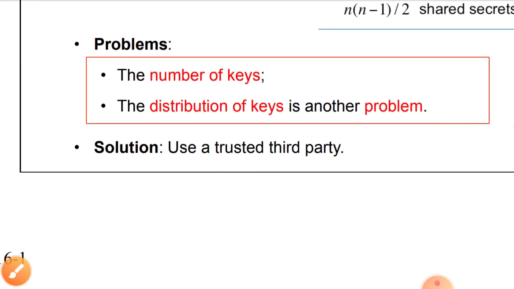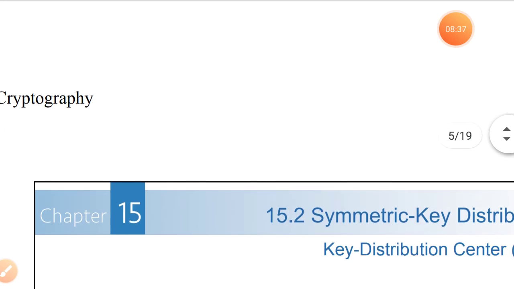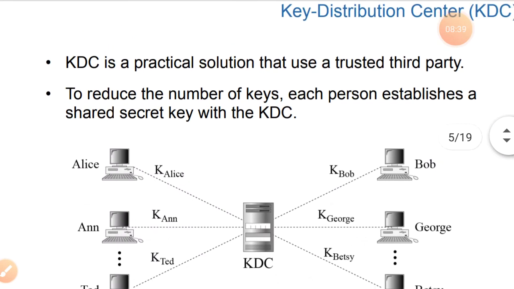Here we have to see how many session keys are needed between the parties, and then the distribution of keys is another problem. How the keys are distributed among the people, that is what we have to deal with. For this problem we are using a trusted third party. That trusted third party is a KDC, the key distribution center.